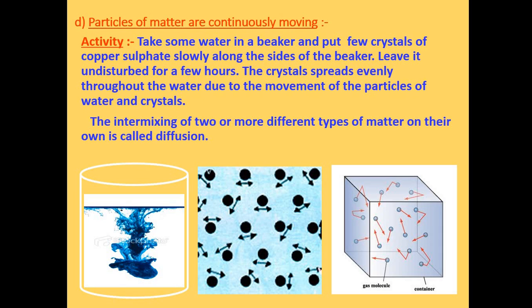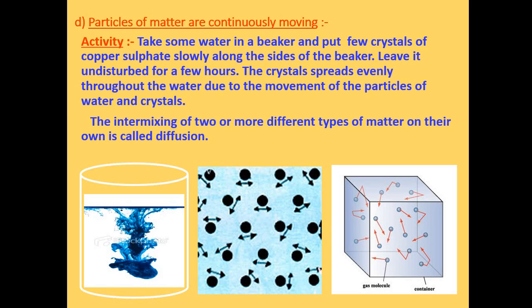Here we will use copper sulfate crystals to understand this property of matter. Take some water in a beaker and put few crystals of copper sulfate slowly along the sides of the beaker. Leave it undisturbed for few hours. The crystals spread evenly throughout the water due to the movement of the particles of water and crystals.